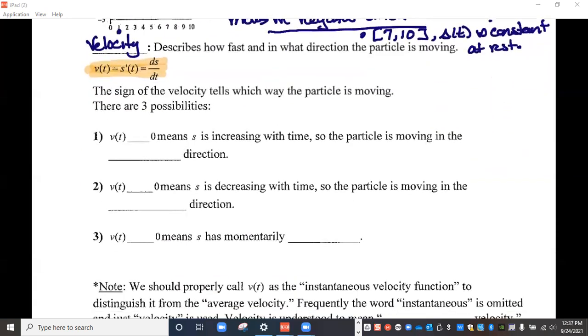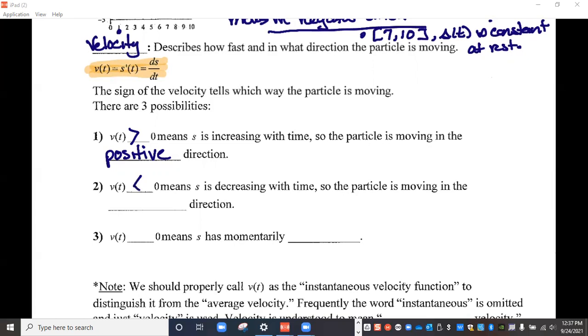So there are three things velocity can tell us about the particle's movement. When v of t is greater than 0, it means your position is increasing with time, so the particle is moving in the positive direction, as I just showed you. From the graph of the position, you're looking to see where the position function is increasing or decreasing.